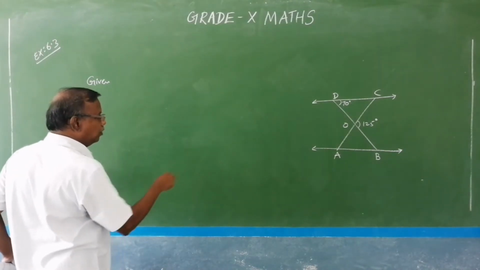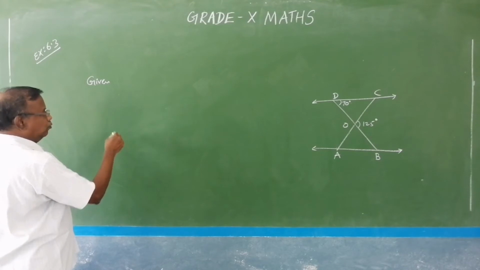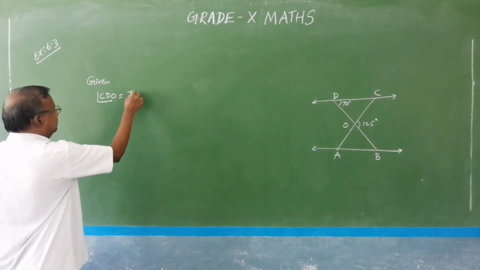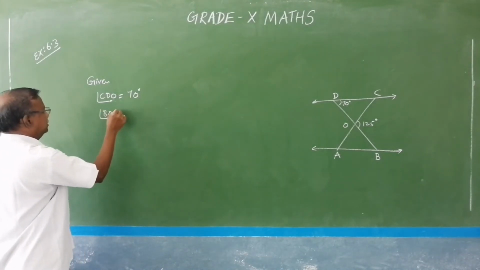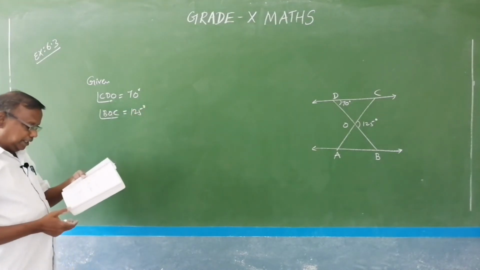So given angle CDO, or ODC, anyway you can write angle CDO, equal to 70 degrees, angle BOC equal to 125 degrees. What to find?